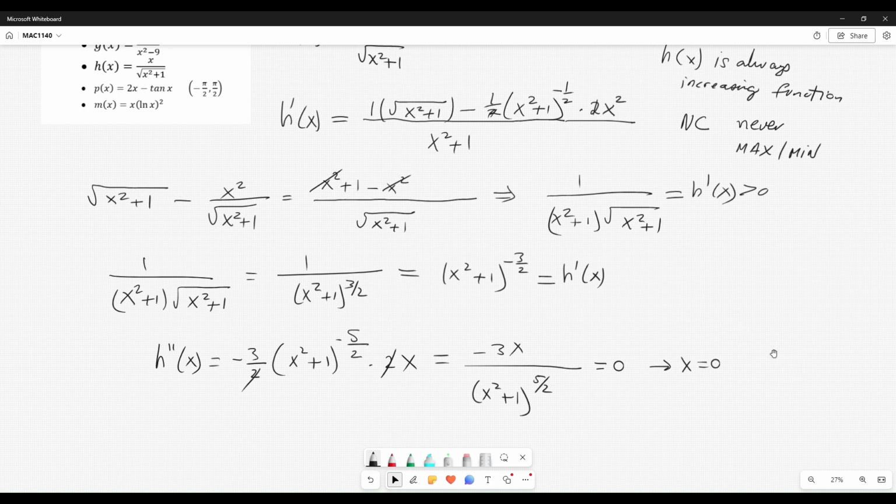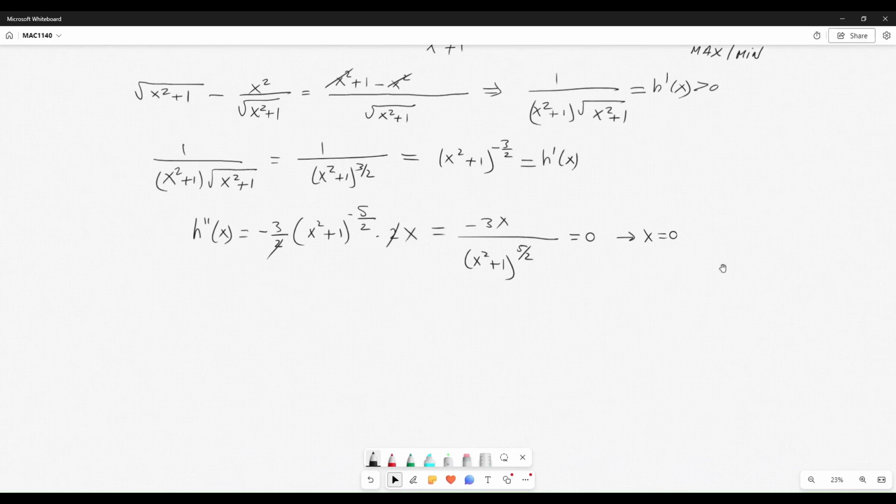Okay, now x equals 0 is a potential inflection point. I want to verify using the second derivative test. This is x = 0. Hypothetically, when x is less than 0, it's obvious that the answer is positive because we have a double negative, no?